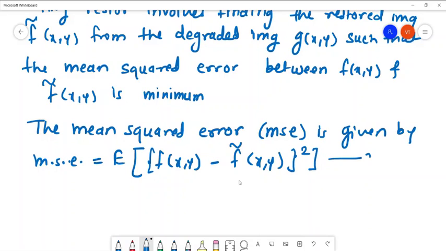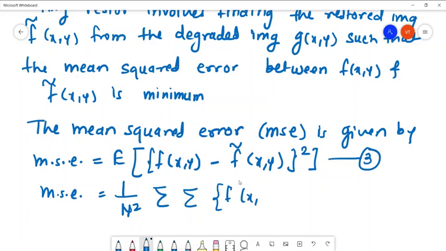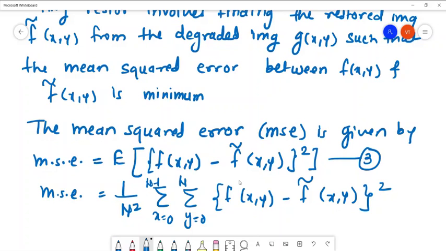This will give equation 3. So MSE is given by this; it is for a square image, that's why it will be N square. Summation of f of xy minus f tilde xy square, where x is equal to 0 to N minus 1, and y equal to 0 to N minus 1.